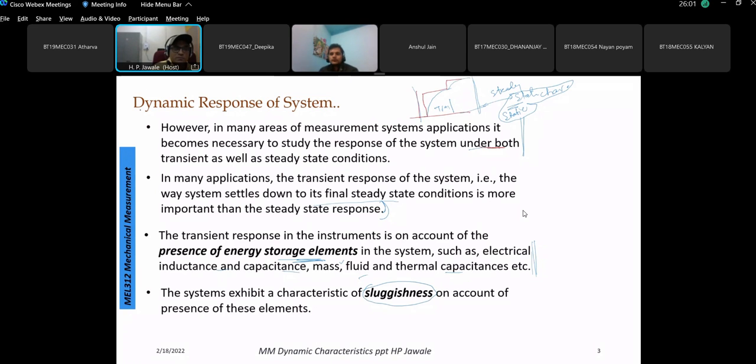So that is one of the reasons for the dynamic response of the system. We try to understand the situation. This is something leading to the dynamic response, and that we must quantify, and we must know how it is going to behave in the dynamic response if some input is given to the measurement system.